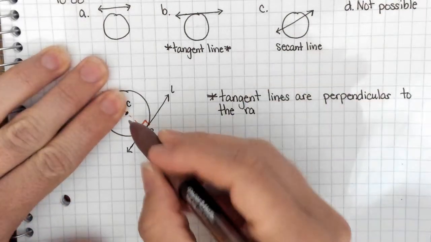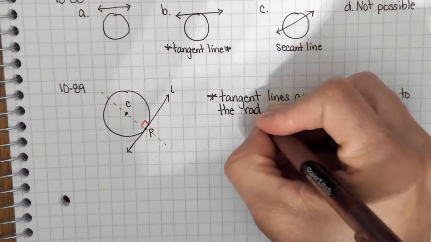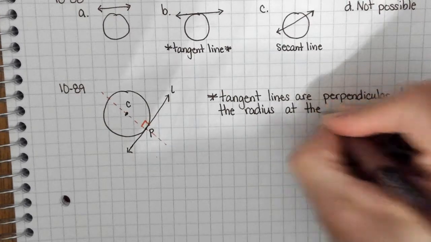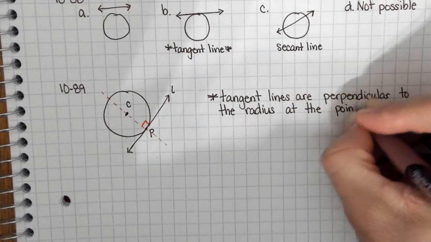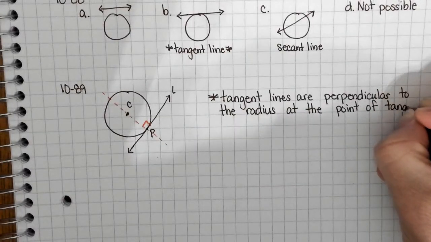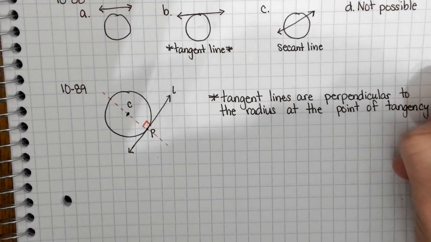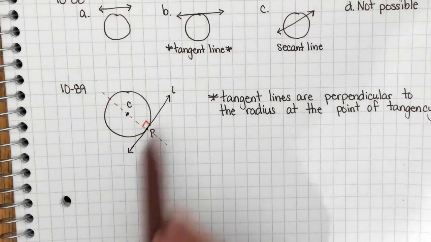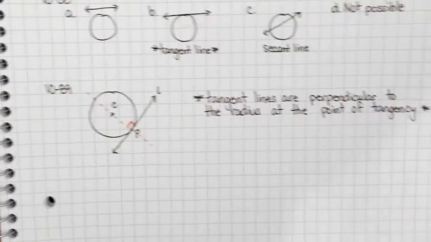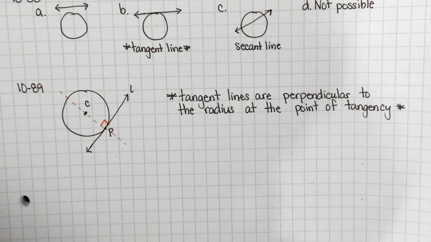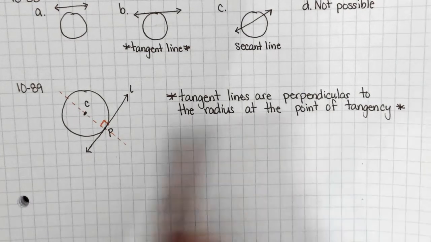The radius would just go from C to P at the point of tangency. The point of tangency, that's just where the circle and the tangent line intersect. So, oops, let me get that all on the screen. So the point of tangency is here.